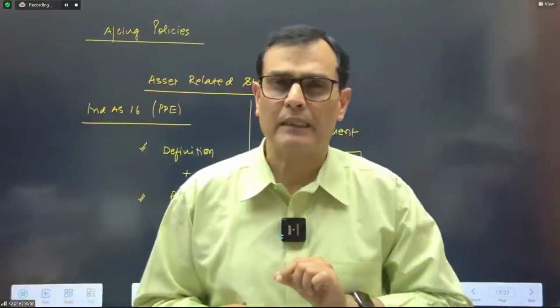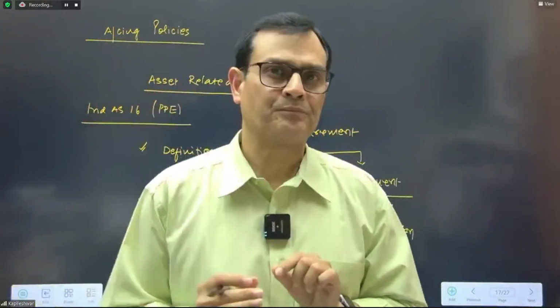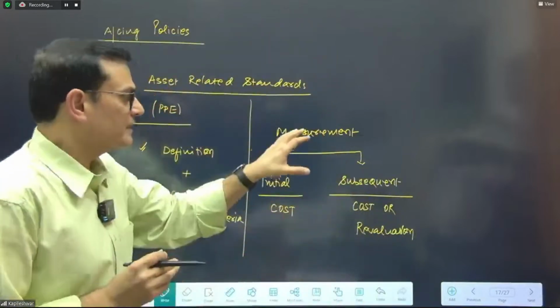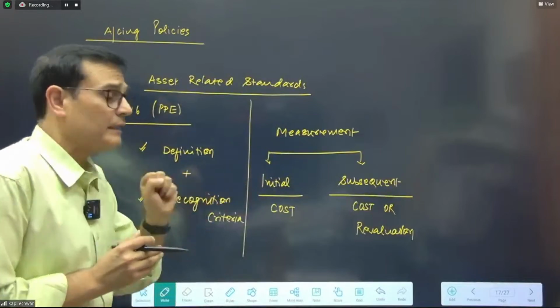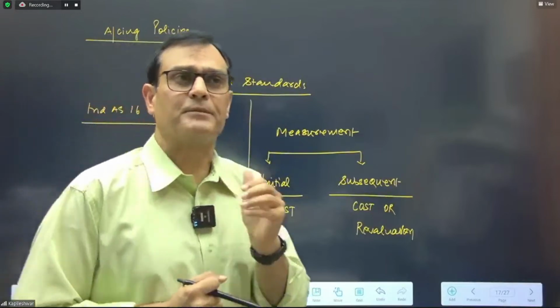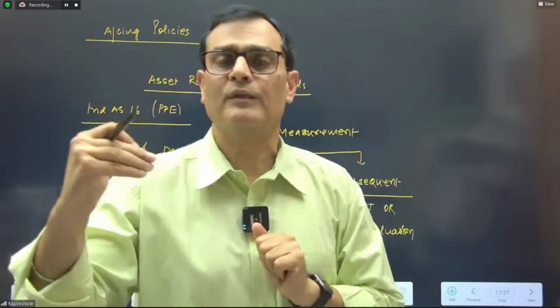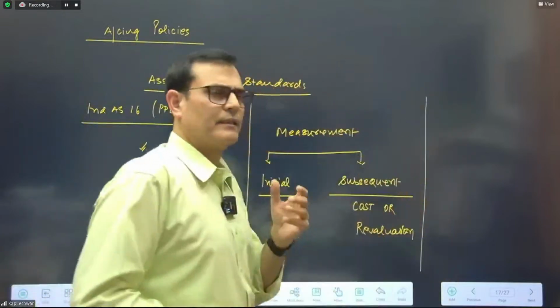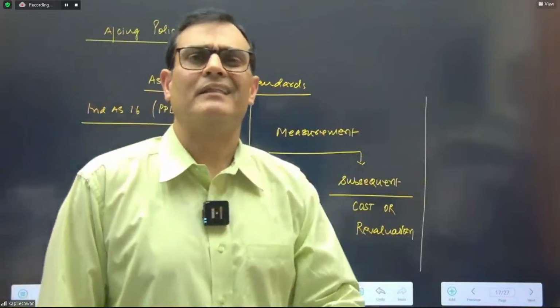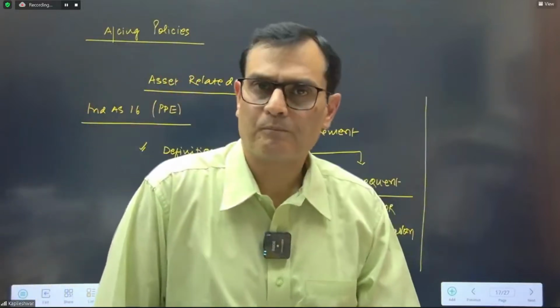You meet a definition and a recognition criteria. And then you decide the value at which it would appear in the balance sheet of the company. Initially, it's recorded at cost. Subsequently, it is at cost or a revaluation model. Once you've decided the measurement, there are other parameters, like you decide depreciation, etc.